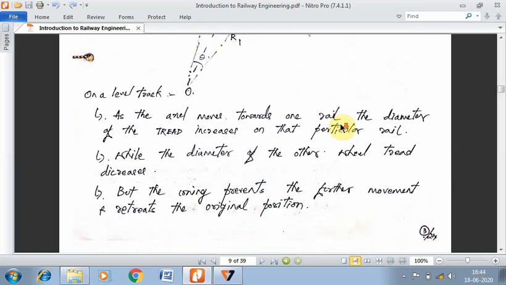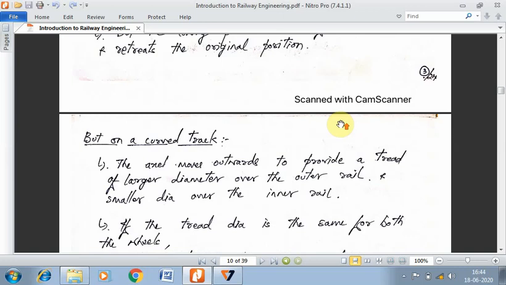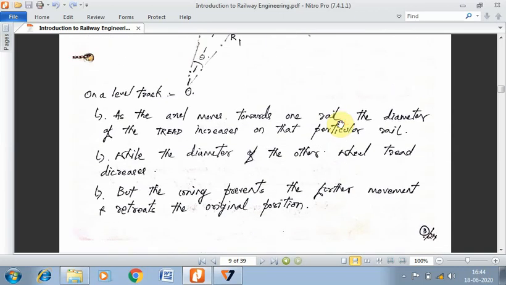Okay, this process will give instability in the axle, and the coned section of the wheels will see to it that the whole system is brought back to its original position, such that the center of the tread of the wheel is aligned with the center of the head of the rail. Right. Now that's the advantage of providing coning, and this is how the theory works on a straight level track.